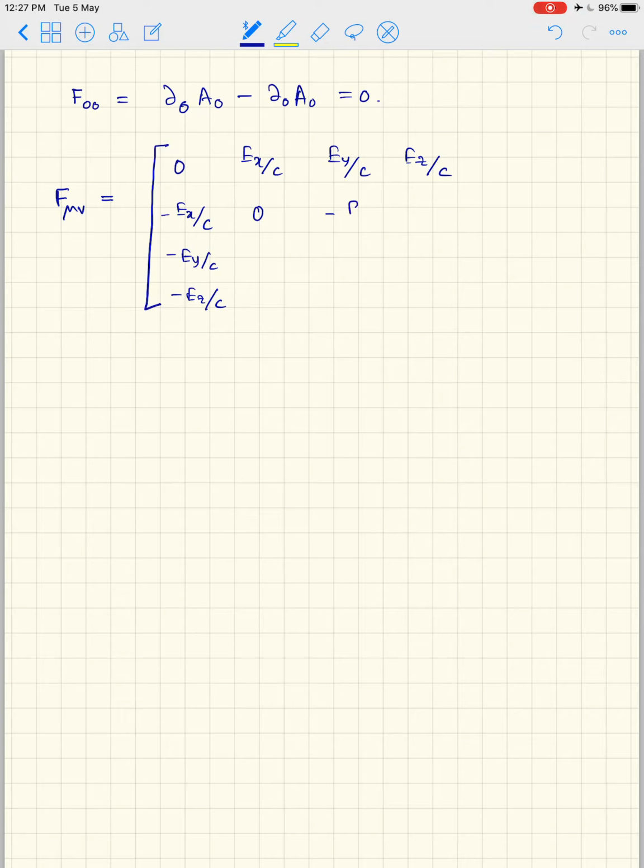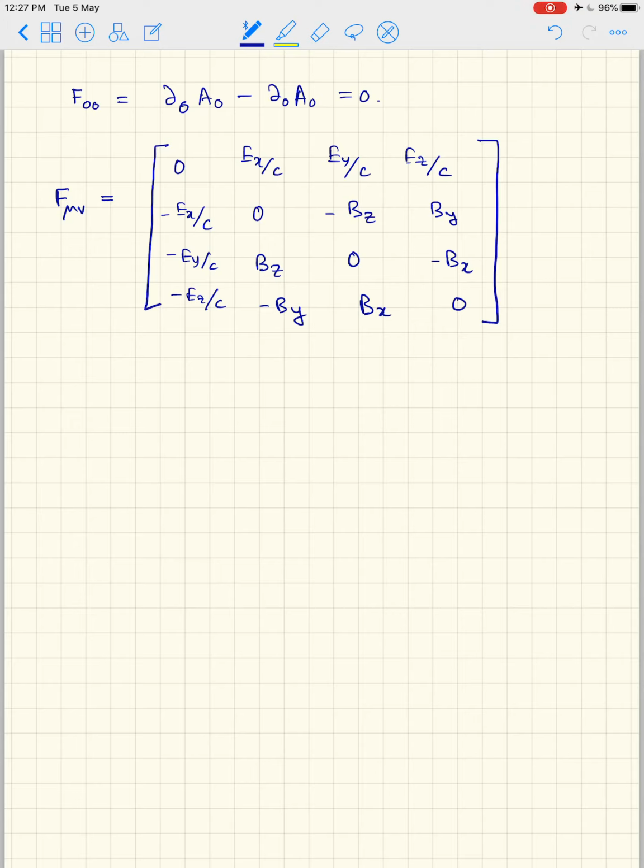I encourage you to go back and do this. Bz, By. So this is Bz, this is 0, this is minus Bx, this one is minus By, this is Bx, and this is 0. So this is what your electromagnetic tensor is.